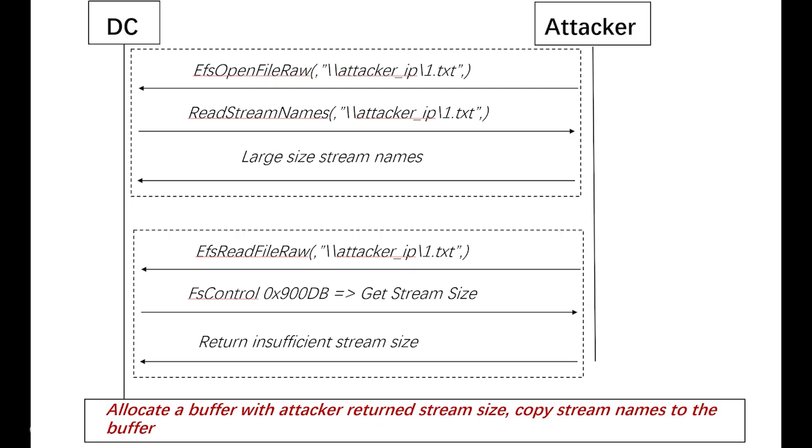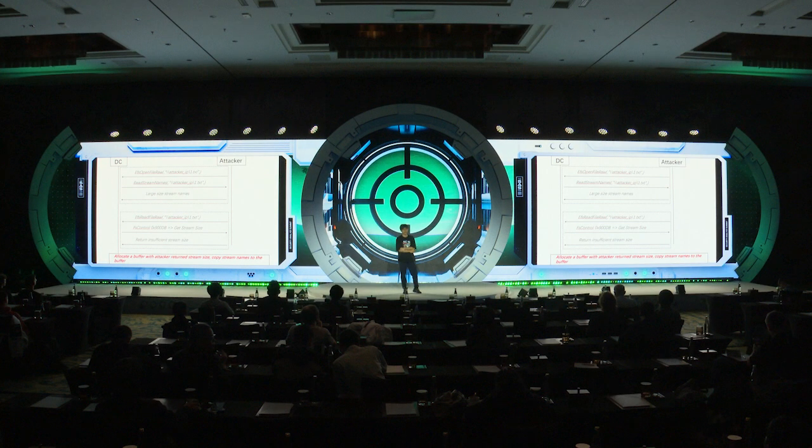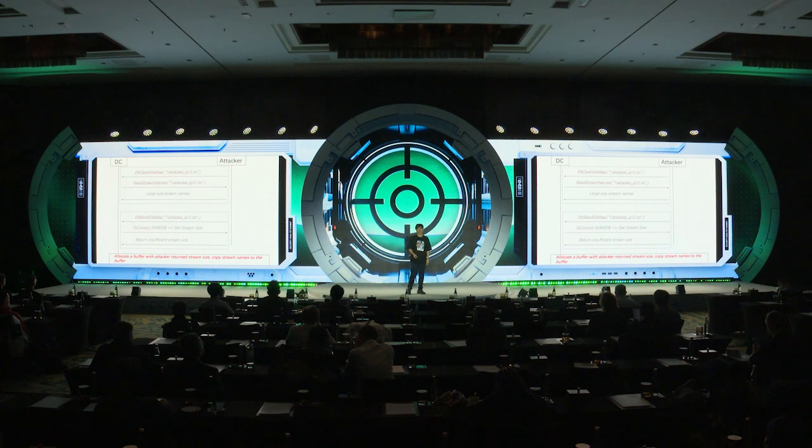The key point here is that the file path actually points to a UNC path which is controlled by the attacker. So basically, the server just tries to read the file from the attacker-controlled file share and send it back to the attacker. The attacker can just say, for example, the data size is 100 bytes, and the server says, OK, I have allocated a buffer of 100 bytes.